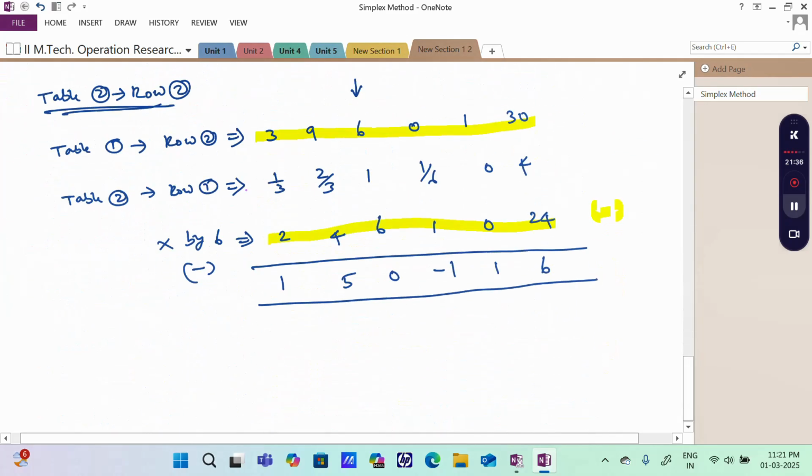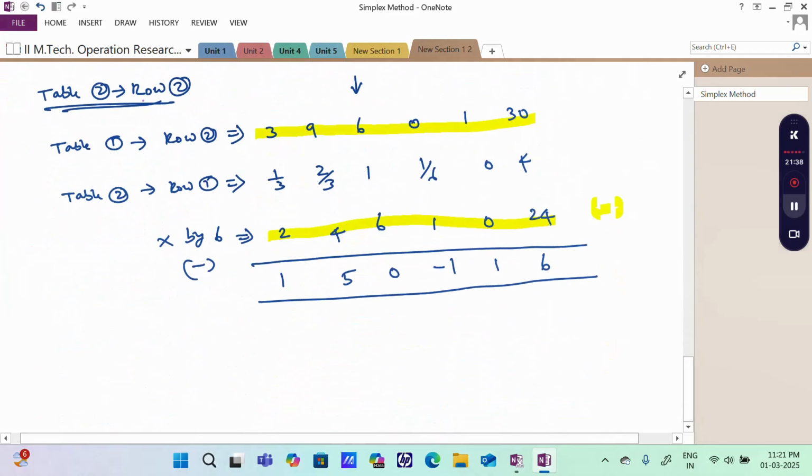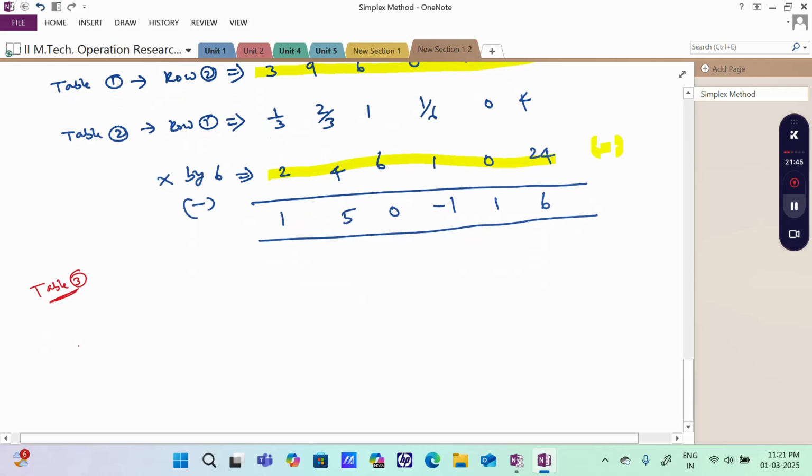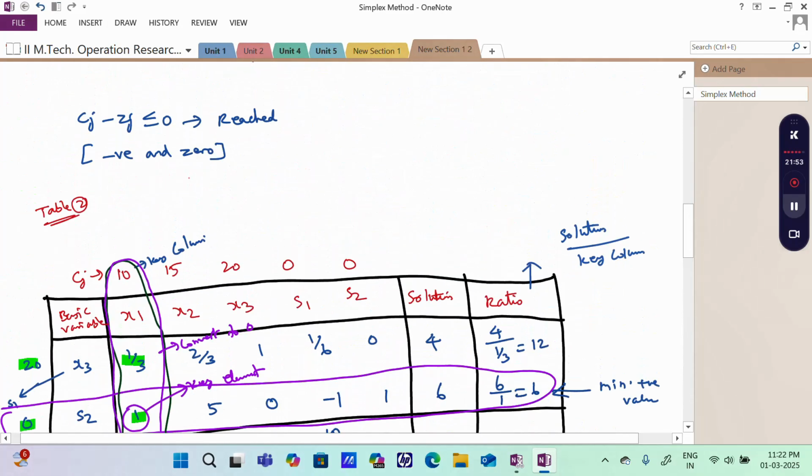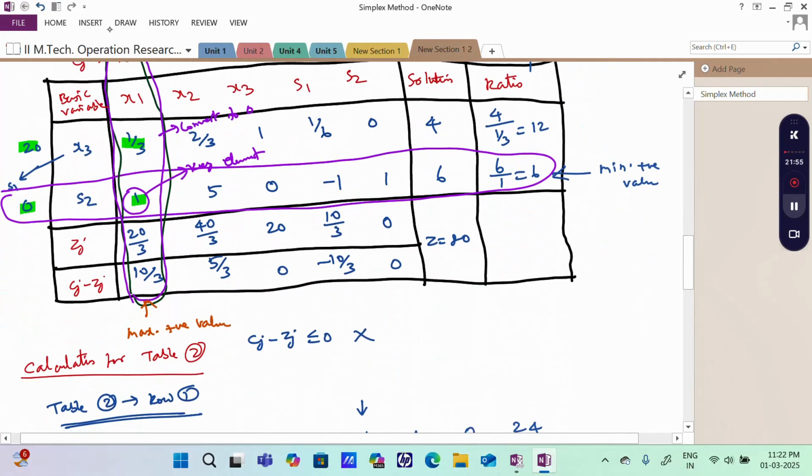So, table 3 process. See table 2, what are the places? x1 is the entering variable. Where does it enter? The S2 place. x1 entering, S2 leaving.